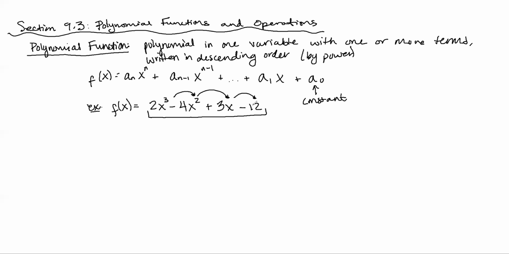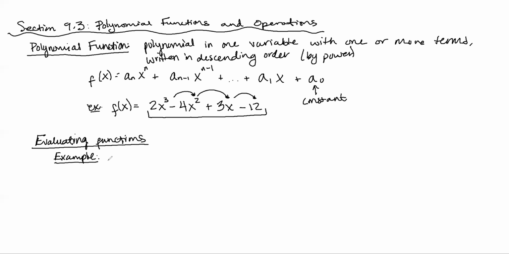And first thing we're going to look at here is something we've been looking at before. And this is something we actually saw in 9.2. We're going to do it just a little bit more with polynomials this time. So evaluating functions. Let's go ahead and just look at an example here.